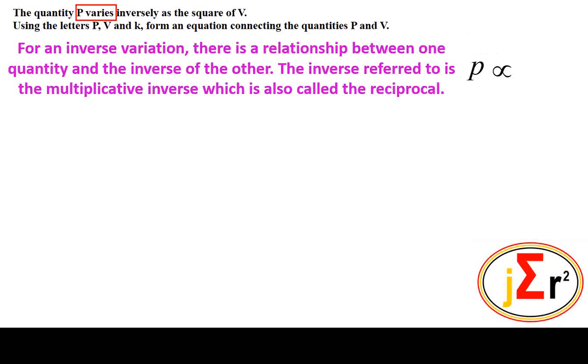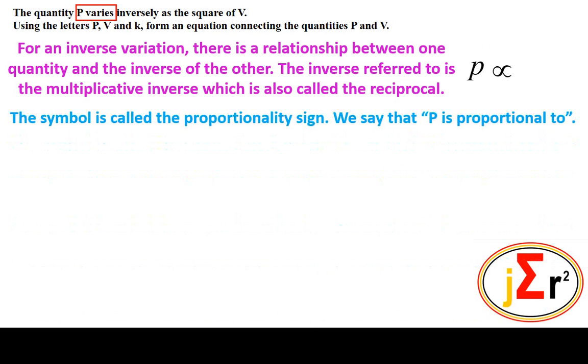P varies. Well, of course, we could use that symbol to mean P varies, but in science, in mathematics in general, that symbol is the proportionality sign. The symbol is called the proportionality sign.